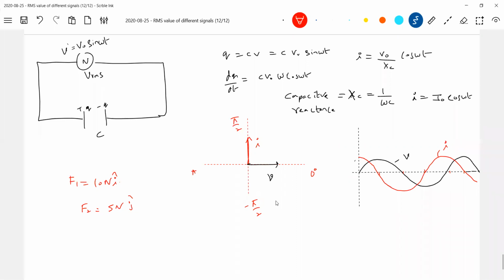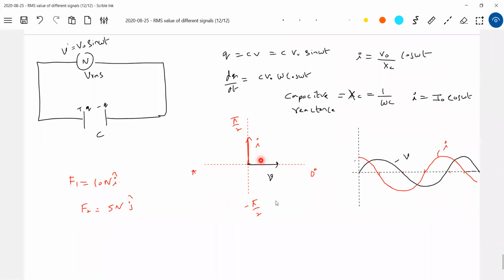Instead of saying x and y, the quantities which have 0 phase will be along the x-axis. The quantities which have a phase of 90 degrees, I'll take along the y-axis. The quantities which have a phase of 180 degrees will be along the negative x-axis. The quantities which have minus 90 degrees will be along the negative y-axis, or you can write 3 pi by 2. It's left to you. Sir, what about quantities which have a phase angle of 45 degrees? That will come in between.